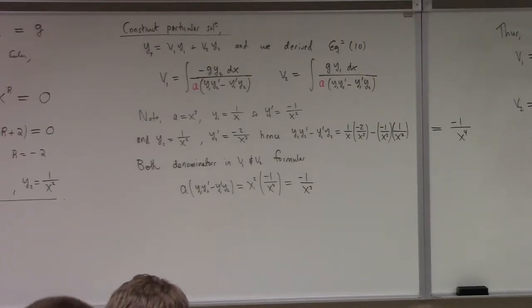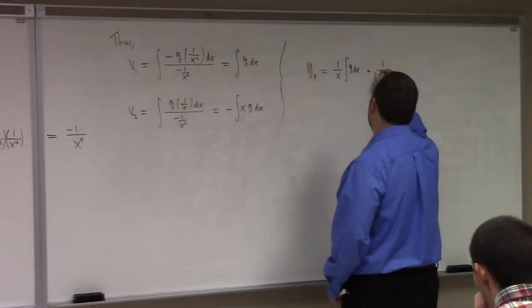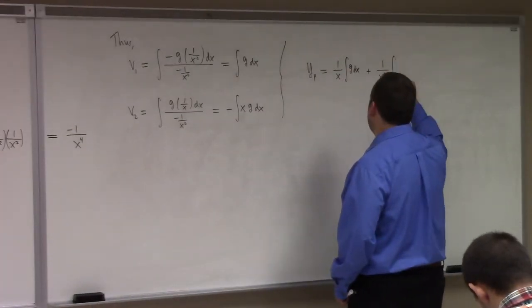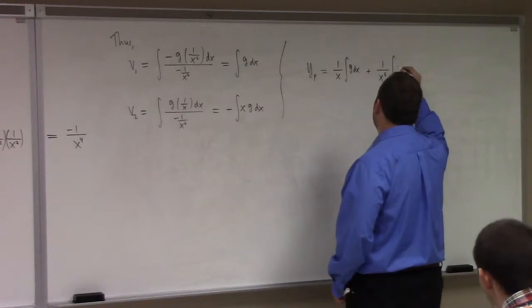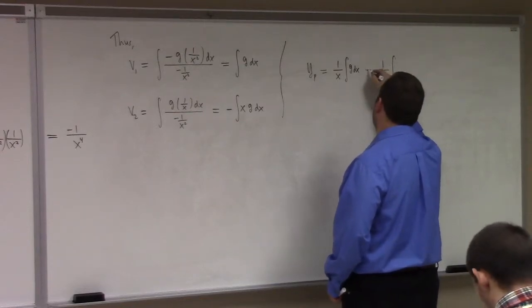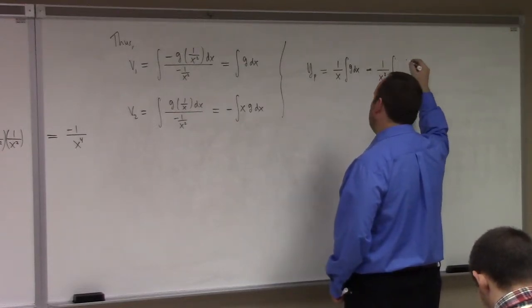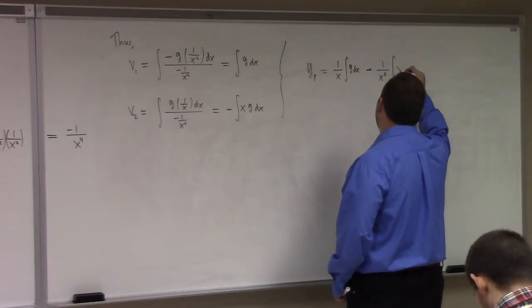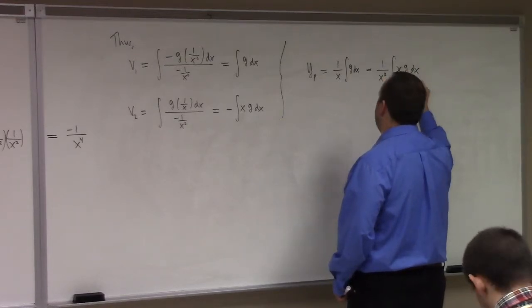Put this all together, my particular solution is, what is it? It's 1 over x, that's y1, times the integral of g dx, plus 1 over x squared, I'll pull the minus out here, minus 1 over x squared integral of x g dx.